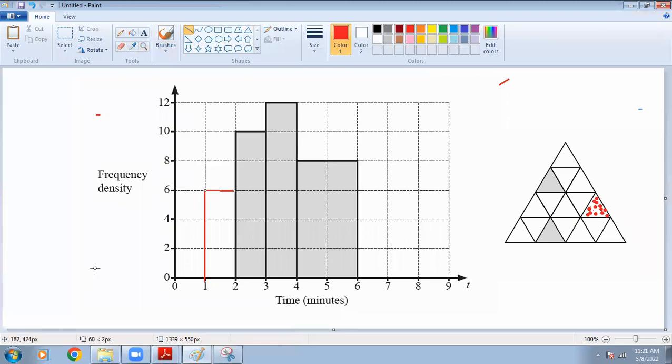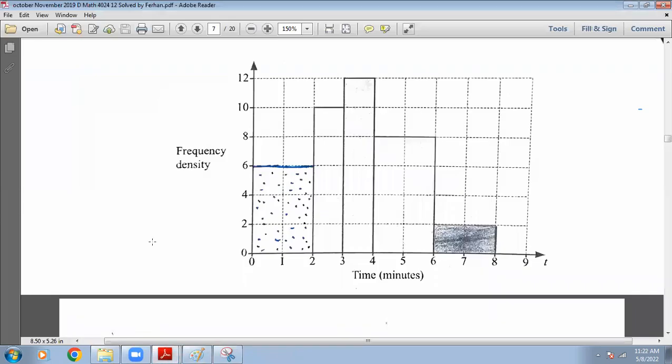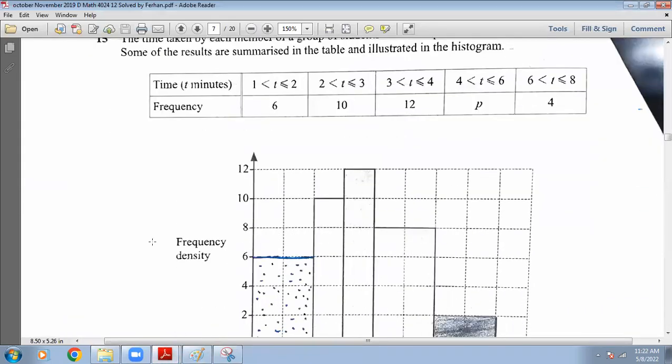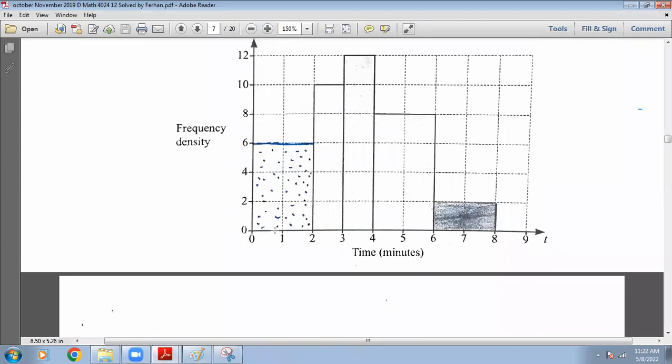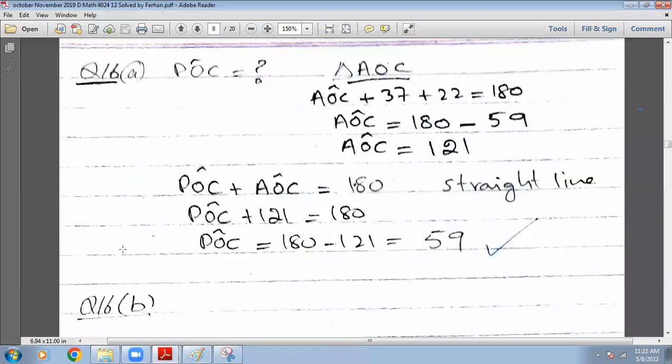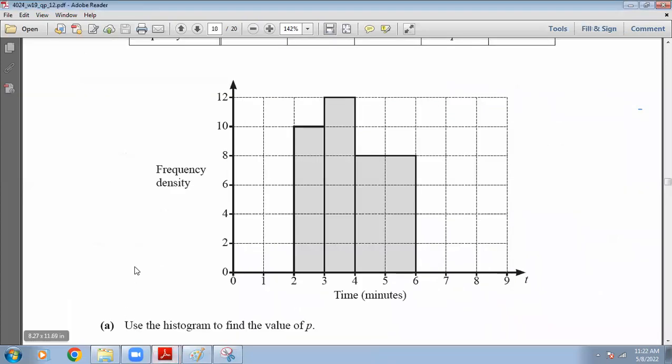You see, with the mouse it's a bit difficult. And this one is up to 2. So these are the 2. So now the histogram is completed. Hopefully you understand. Let me check my work. Yes, it's right. Here I made a mistake. It was supposed to start from 1.